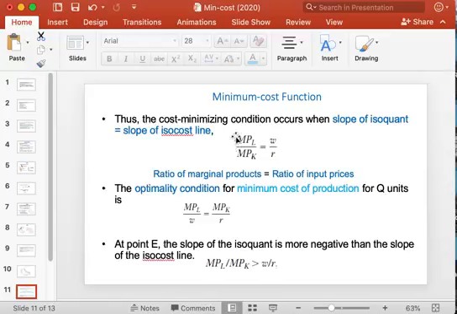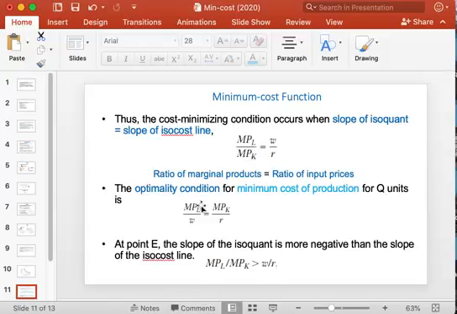The slope of the isoquant line, you have seen previously, is given by the marginal product of labor divided by the marginal product of capital, and the slope of the isocost line is given by W divided by R. At the cost minimizing point, the ratio of marginal products equals the ratio of input prices.